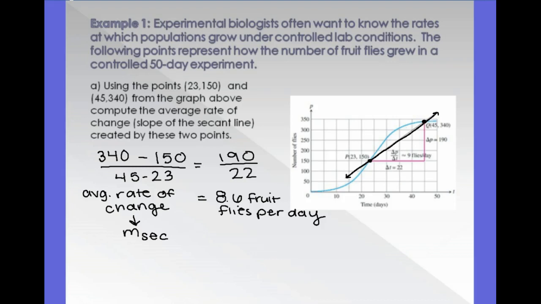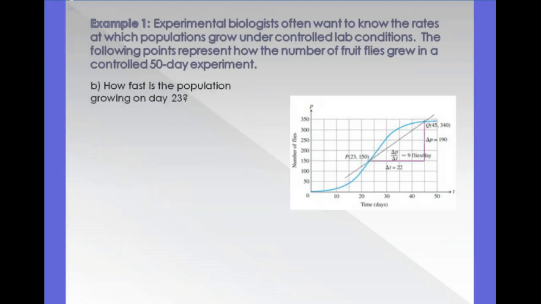So what we want to do is shrink the number of days that we're looking at from day 23 to the population growth we're looking at. So maybe now we look at 35 days. So we're going to compare day 23 to day 35.